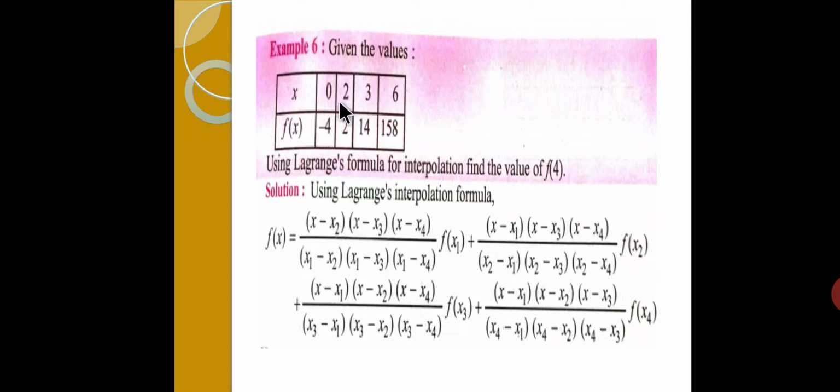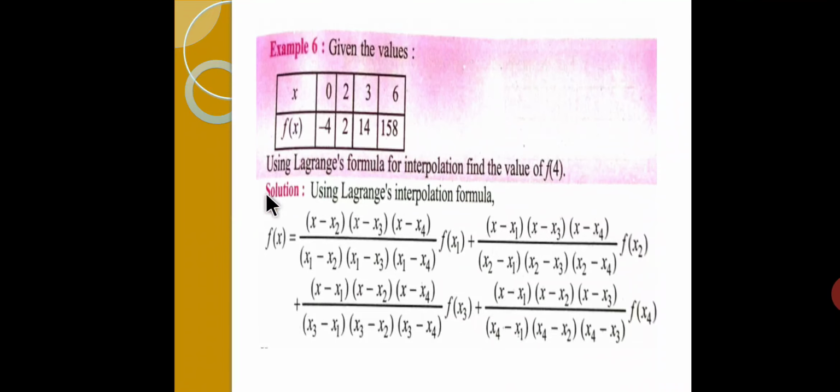Here we observe that the difference of each argument is different: 0, 2, then 2, 3, then 3, 6. So it is an unequally spaced interval. The corresponding values of y are minus 4, 2, 14, 158. Using Lagrange's formula for interpolation, find the value of f of 4. So at x is equal to 4, we find the value of y.